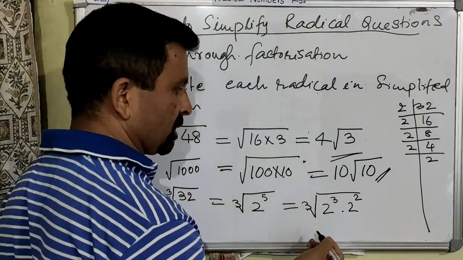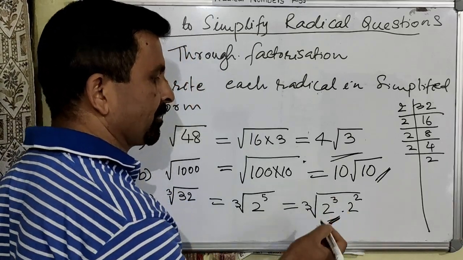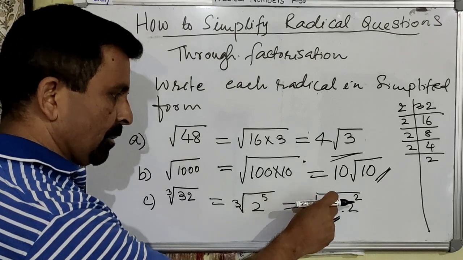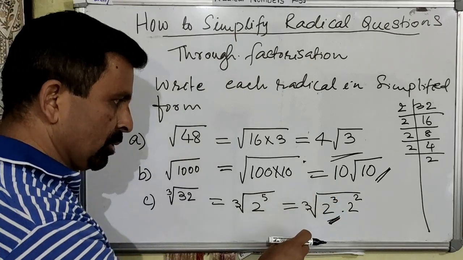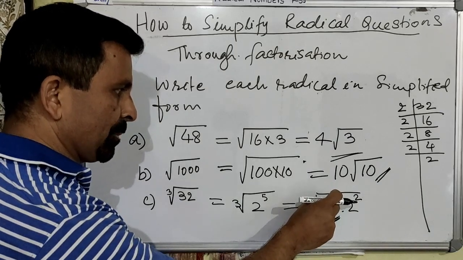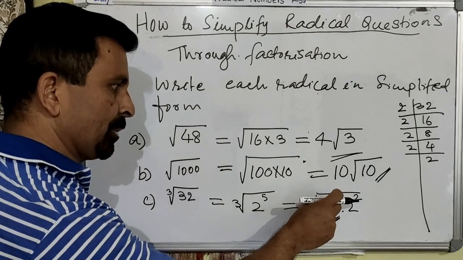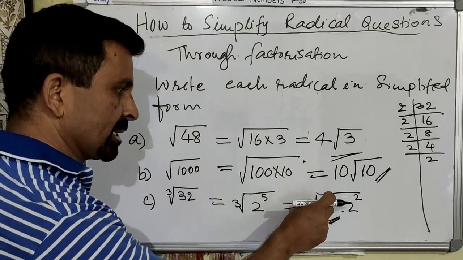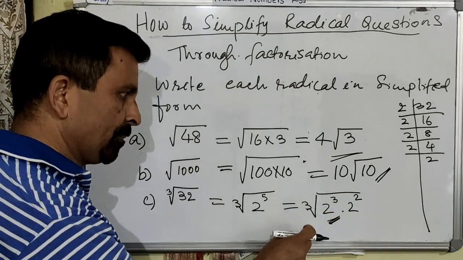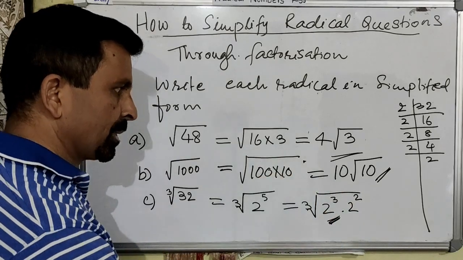Now after writing it in this form, you will take this as a perfect cube number because the power of this number is 3 or a multiple of 3. Then this is said to be a perfect cube number, and therefore it can come out of the root sign. When this comes out of the root sign, the power of this will be divided by 3.